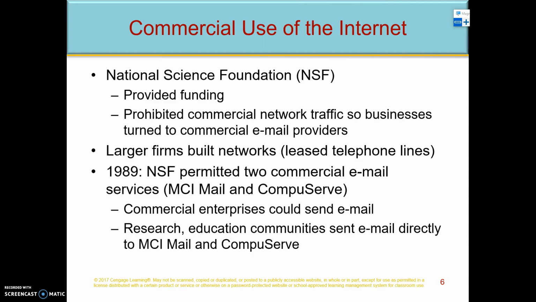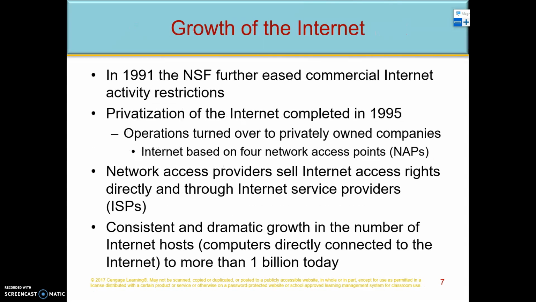MCI was one of the first organizations that ran lines underneath the ocean to connect countries. So in 1989, NSF permitted two commercial email services, MCI Mail and CompuServe. These were commercial enterprises that could send email.